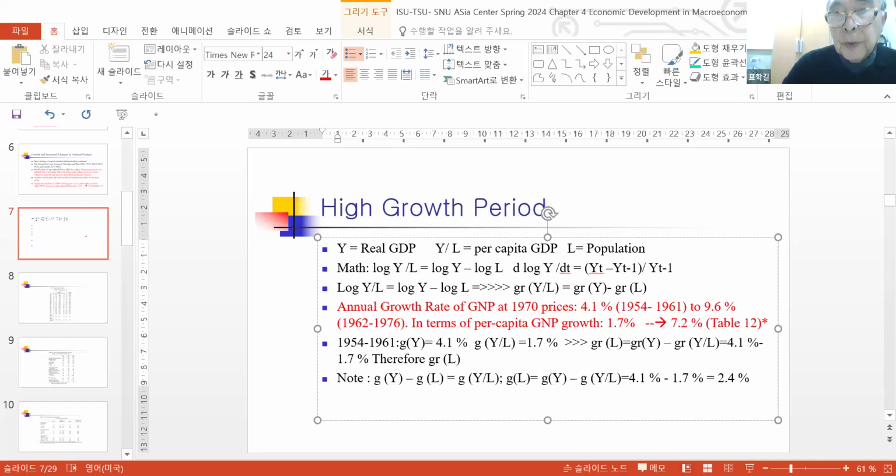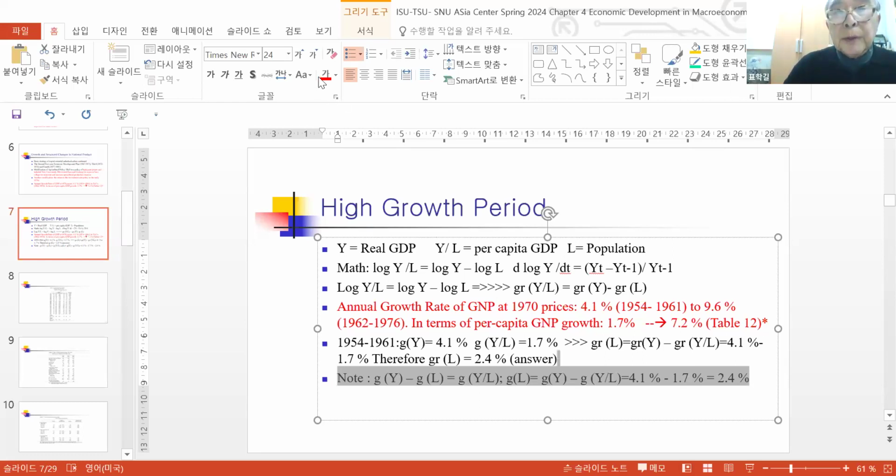Population should be equal to 2.4%. This is the answer.